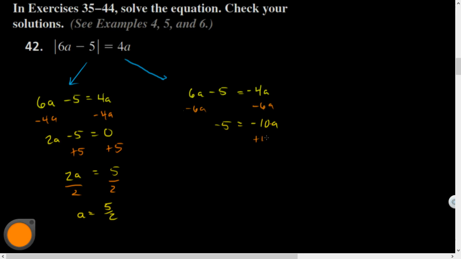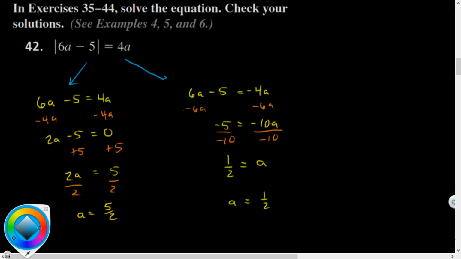Sometimes people want to add 10 to both sides, but that negative 10 is being multiplied by a. The inverse operation would then be division. What's a negative divided by a negative? Positive. So a equals a half.